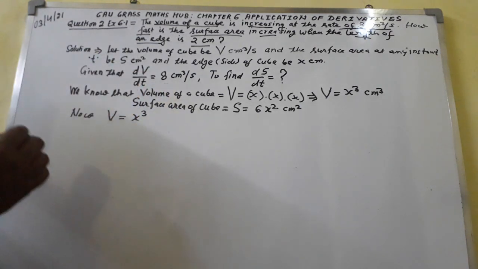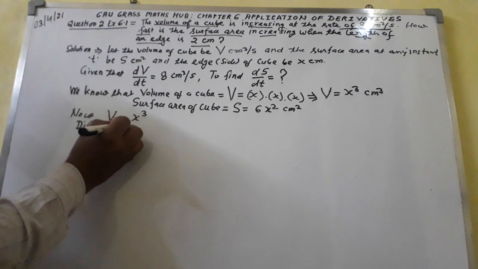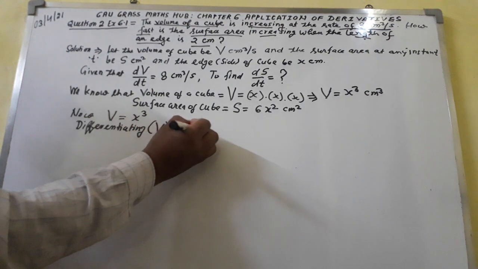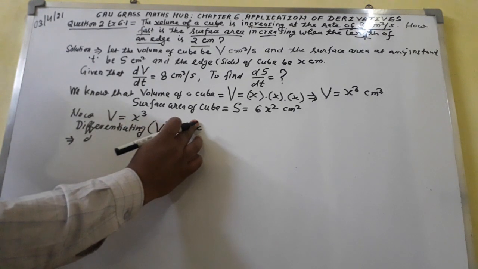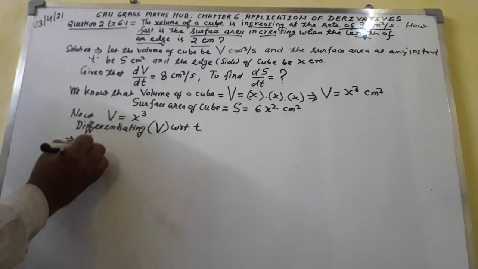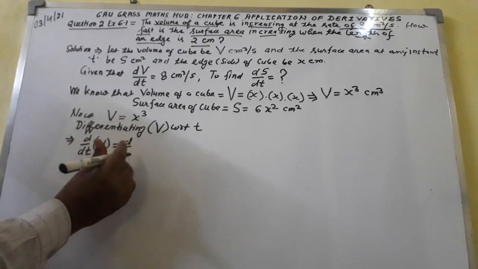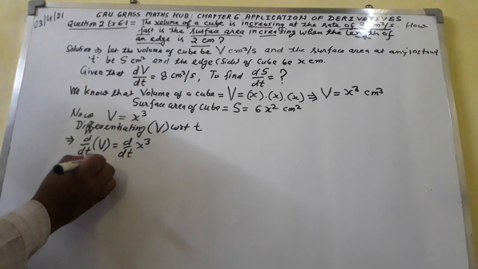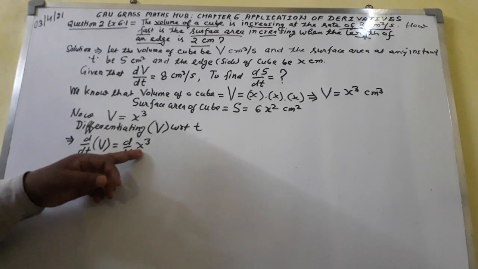So here I shall write, differentiating V with respect to t, time: d over dt of capital V equal to d over dt of x cube, implies that dV over dt equal to d over dt of x cube.